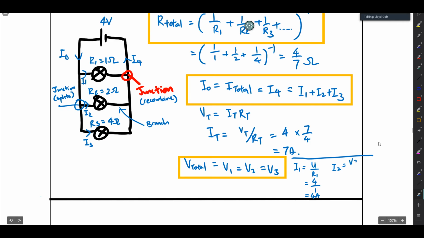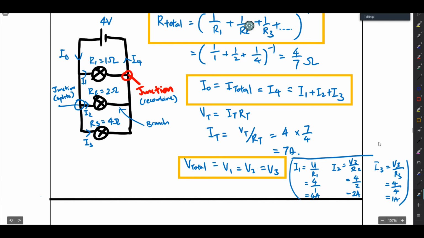I2 is equal to V2 over R2, which is 4 over 2, which is 2 ampere. And finally I3 is equal to V3 over R3, which is 4 over 4, which is 1 ampere. Then you realize if you add the three of them up, you'll get 7 ampere, which is 7 ampere here.